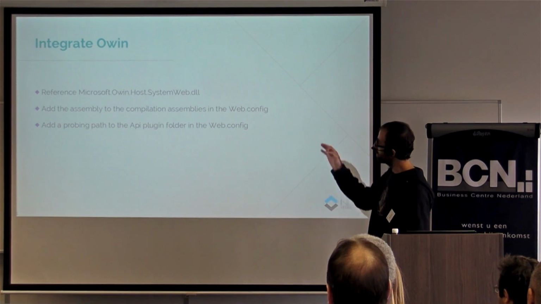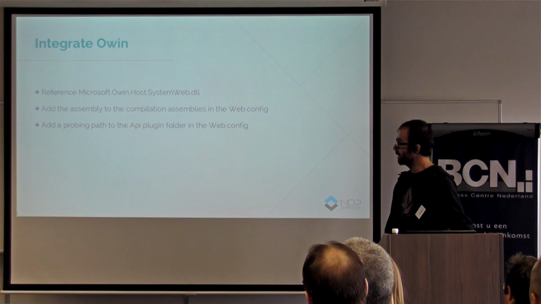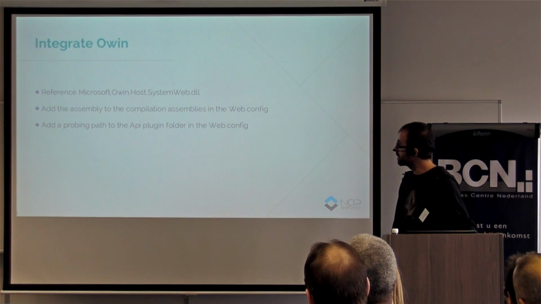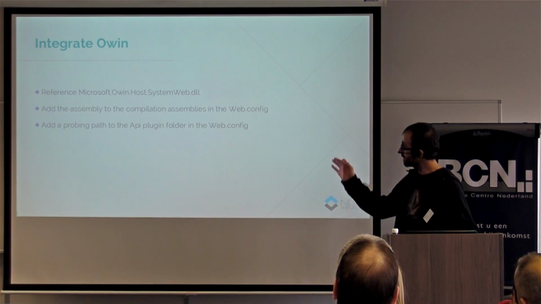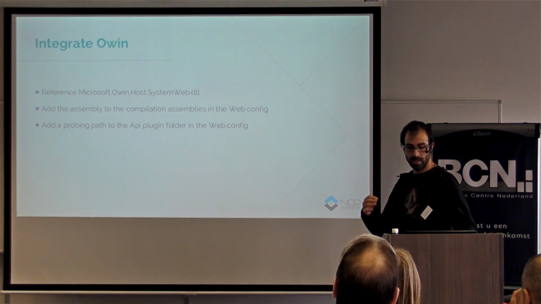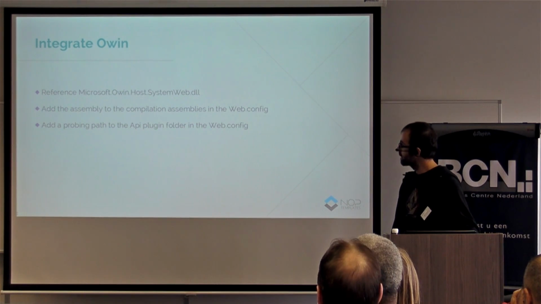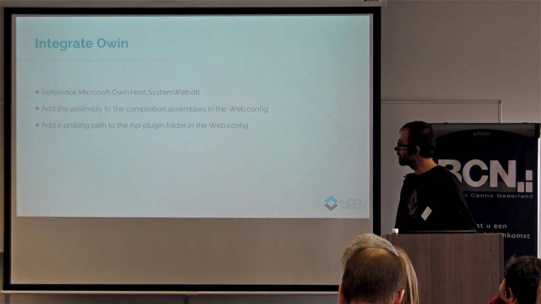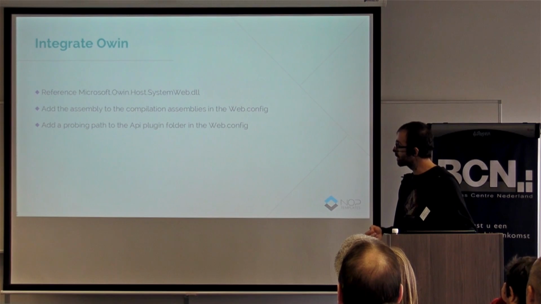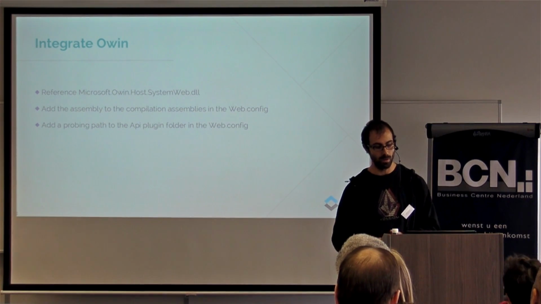So when installed, our plugin makes a few changes to the nopCommerce web config. It adds an external reference to this assembly via an assembly compilation tag, so that the HTTP application can pick the assembly. And it also adds a probing path to our plugin folder, so that the application knows where to load the assembly from.